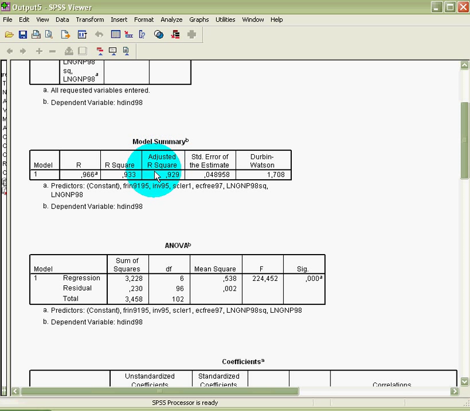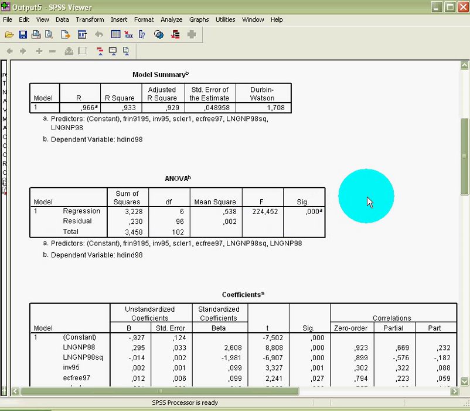The difference is some mathematical manipulation, but if we want to express it verbally, this represents the R square of the population, while this is for the sample we used. The model as a whole is significant, so that's nice to know.